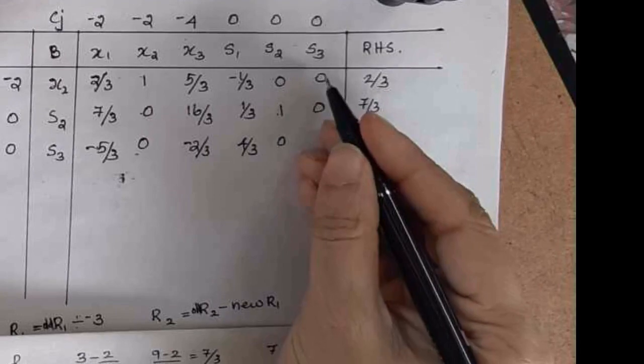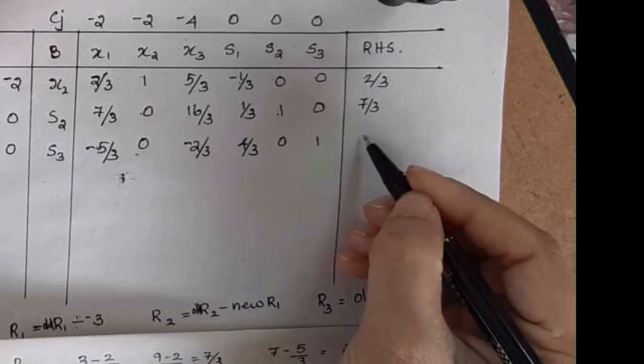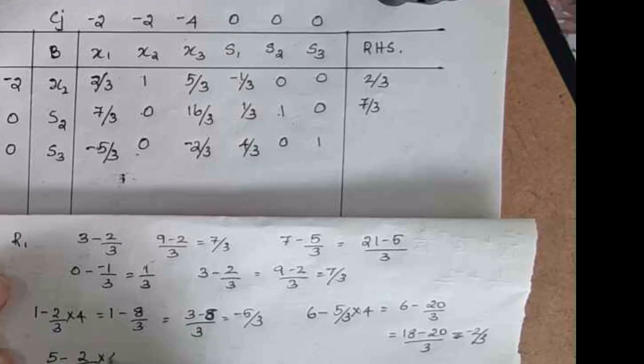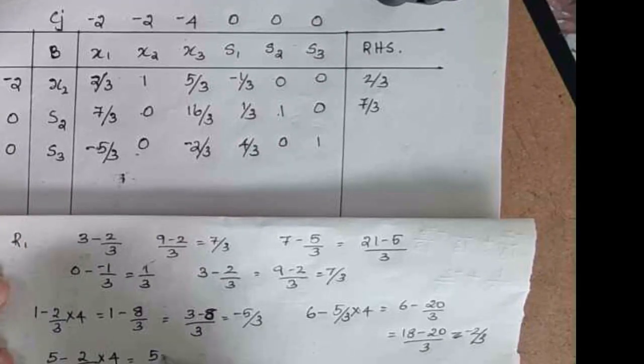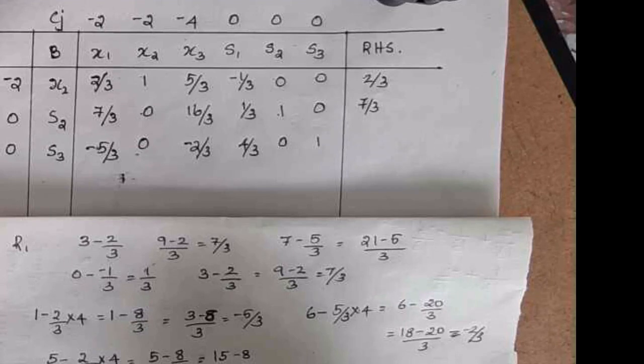S3 was 1, 1 minus whatever, it will give 1. Then you have 5 in this RHS value. So it will be 5 minus 2 by 3 into 4. So that is 5 minus 8 by 3. 15 minus, did I get something wrong here?